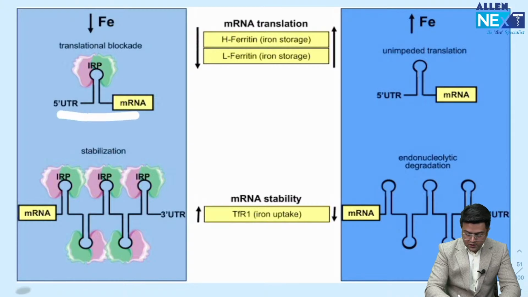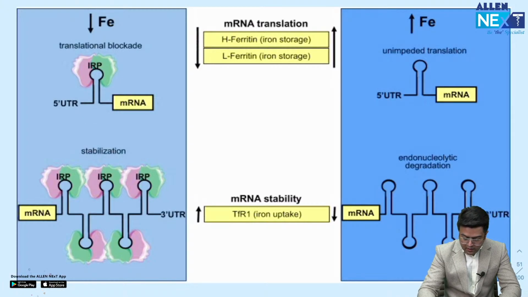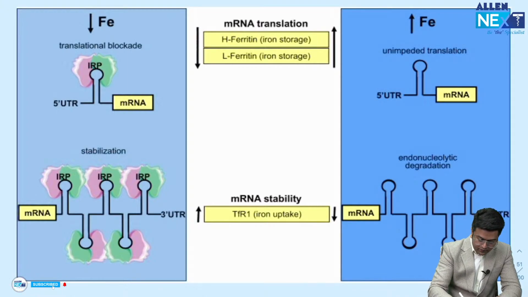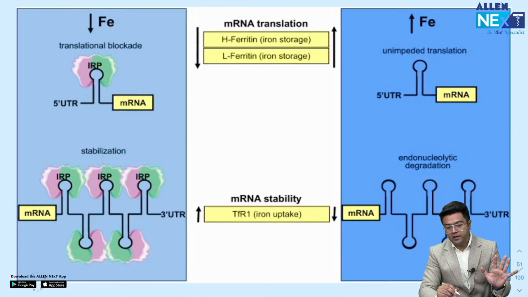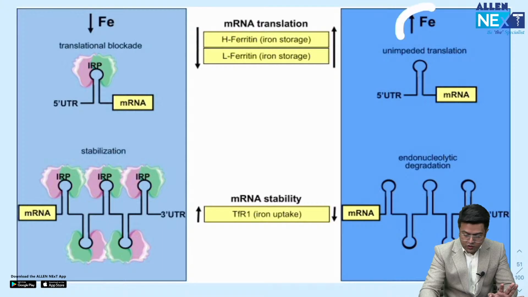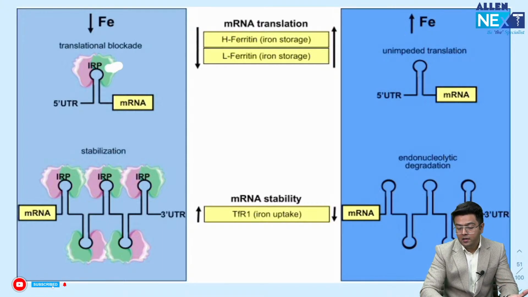Because of this binding, the ferritin mRNA cannot be translated, as it is written, impeded, in the absence of iron. Now in the presence of iron, the iron regulatory protein will bind iron, so the mRNA of ferritin will be free to get translated into protein.